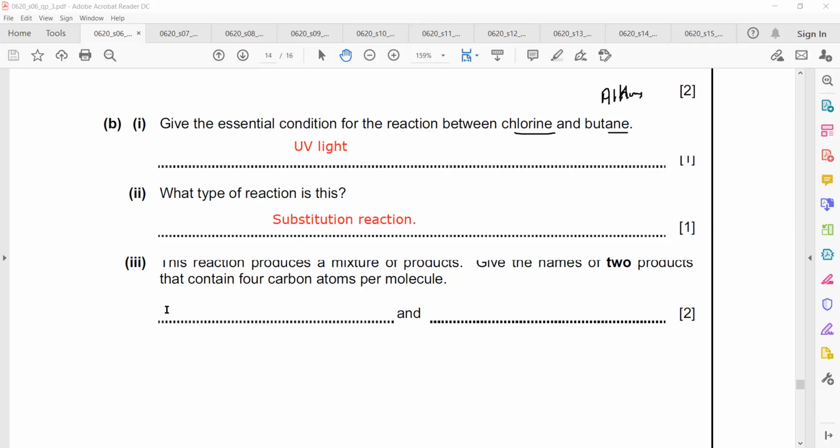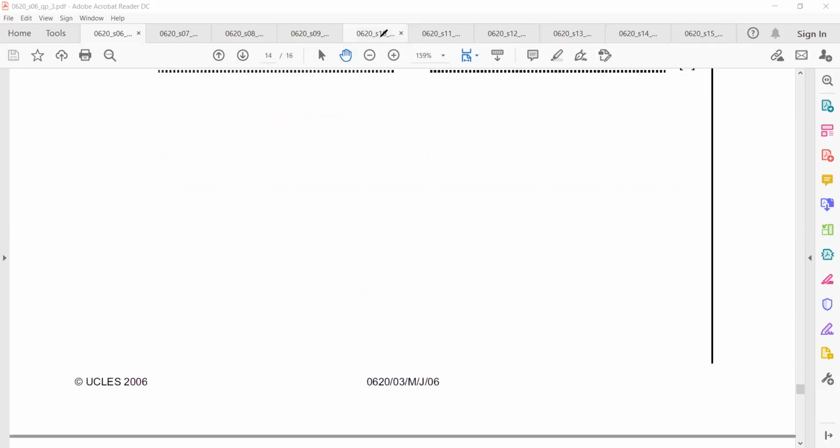The next part, the reaction produces a mixture of the products. Give the name of the two products that contain 4 carbon atoms. What is the meaning of two products that contain 4 carbon atoms? Say you have butane, C4H10, reacting with chlorine, Cl2. In a substitution reaction, one chlorine enters, one hydrogen leaves.